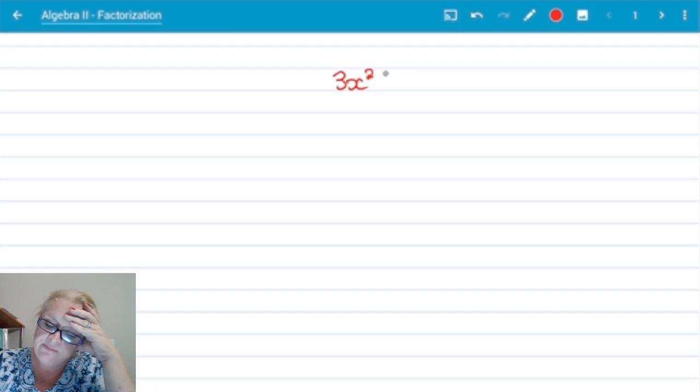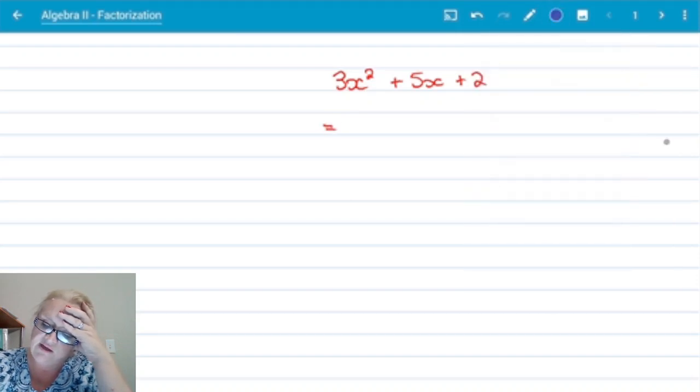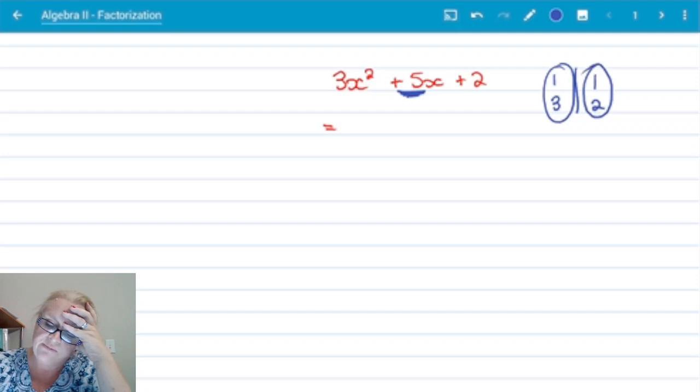3x squared plus 5x plus 2. All right? We're going to take the factors of the first, 1 and 3, the factors of the last, 1 and 2, and we want an answer of positive 5. Pick those that are closest together. 1 times 1 is 1. 3 times 2 is 6.